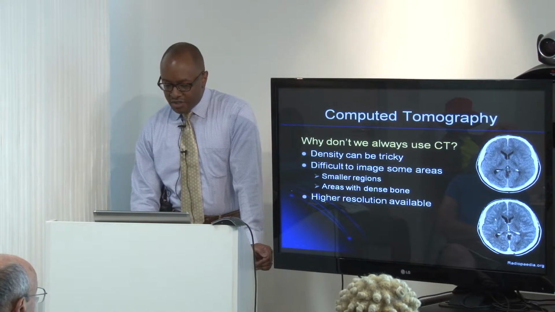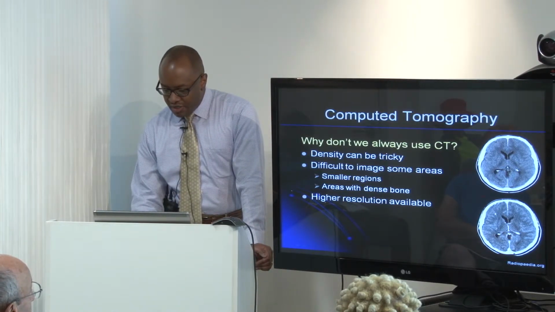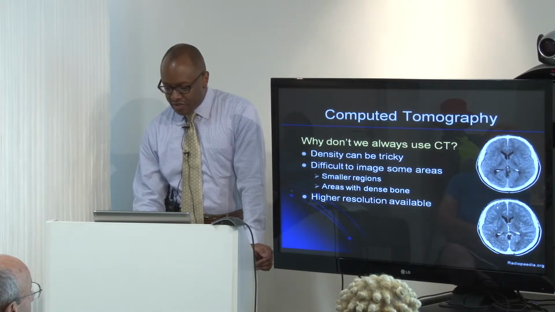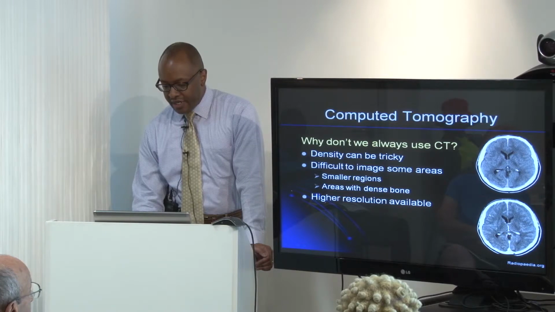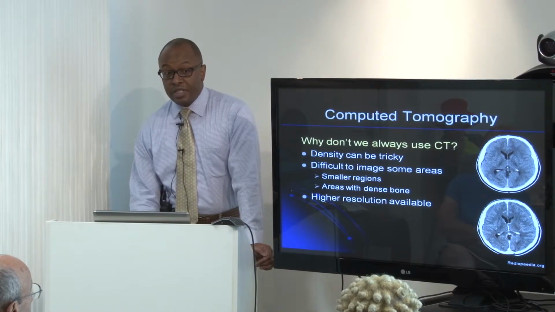But if you put in contrast, I'm not sure how easy this is to see on the screen, but you can see that actually the brain ends right here, and this gray stuff outside of where you see the white ruffles, this gray stuff out here, that's all blood.